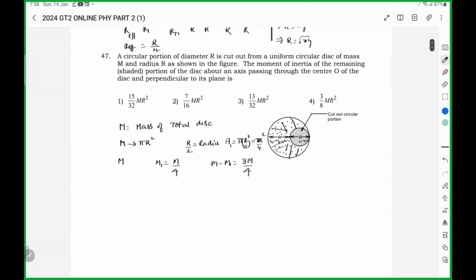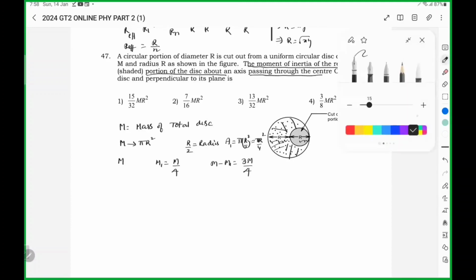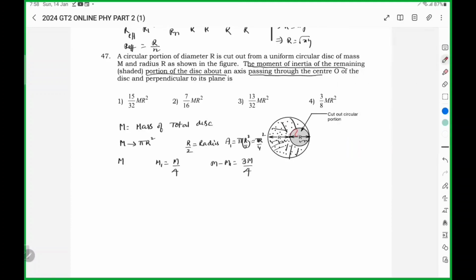Now, the moment of inertia of the remaining portion of the disk about an axis passing through the center. We have to find the moment of inertia of the remaining disk. So I total about this axis, passing through the center.